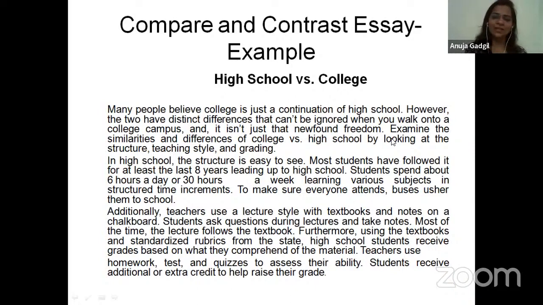Most of the time, the lecture follows the textbook. Furthermore, using textbooks and standardized rubrics from the state, high school students receive grades based on what they comprehend of the material. Teachers use homework, tests, quizzes to assess their ability. Students receive additional or extra credit to help raise their grade.